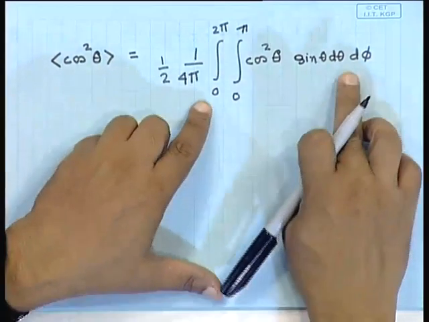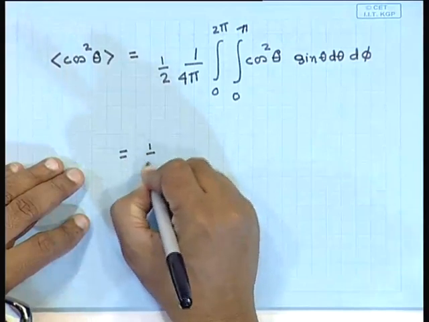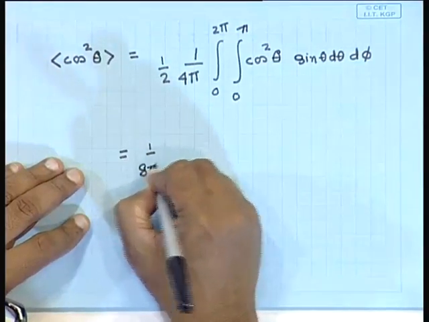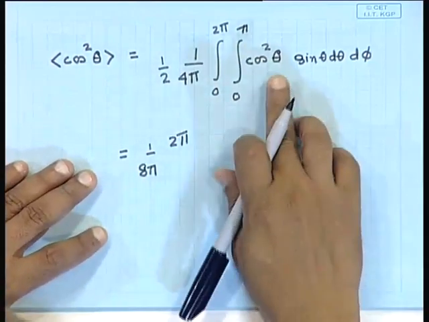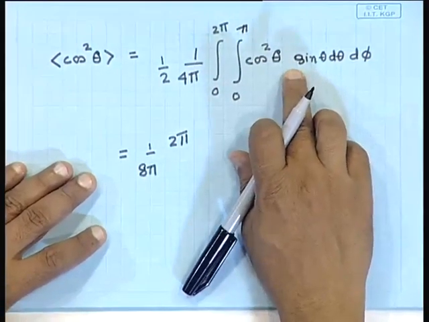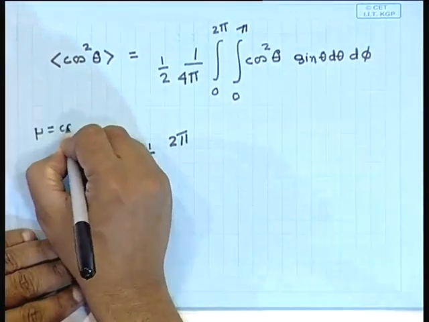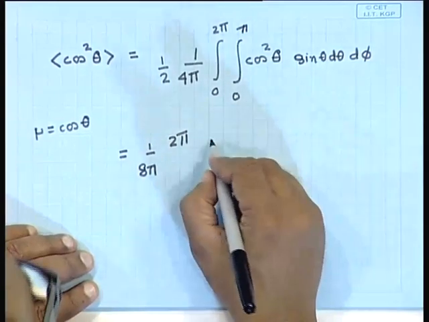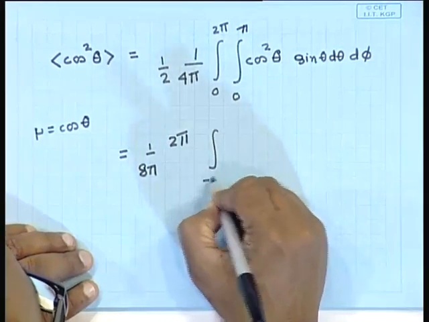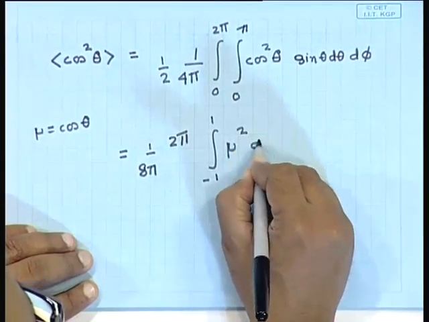Okay. So, the phi integral is very easy to do. So, I have 1 by 8 pi, the phi integral gives me 2 pi straight away, and if I substitute mu equal to cos theta, then this integral becomes minus 1 to 1 mu square d mu.